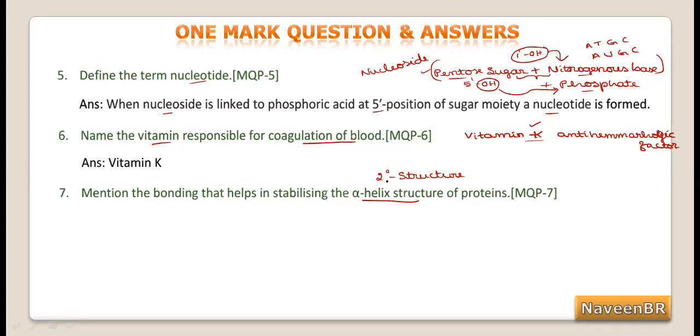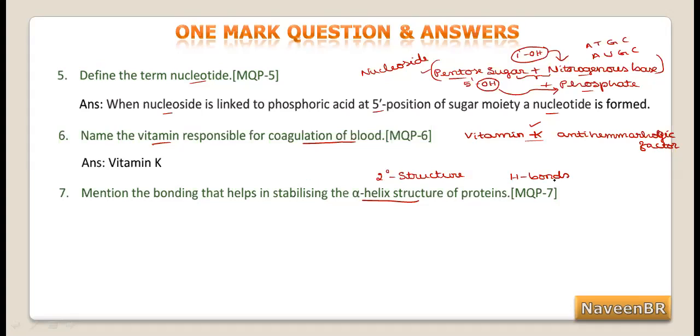In the primary structure, we see the sequence of amino acids as a polypeptide chain. When it forms either an alpha helix or a beta pleated sheet in its secondary structure, that structural stability is due to formation of hydrogen bonds.